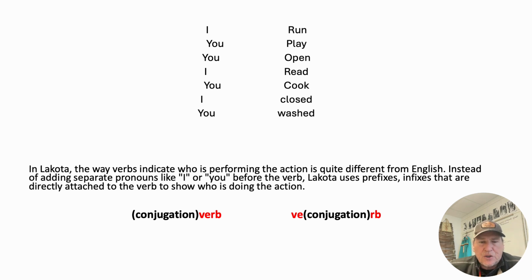The conjugation we're starting out with is I and you. It's either going to come directly attached to the front of the verb or in the middle of the verb. When it's coming in front of the verb, it's a prefix, and in the middle of the verb, it's infixed into the verb.